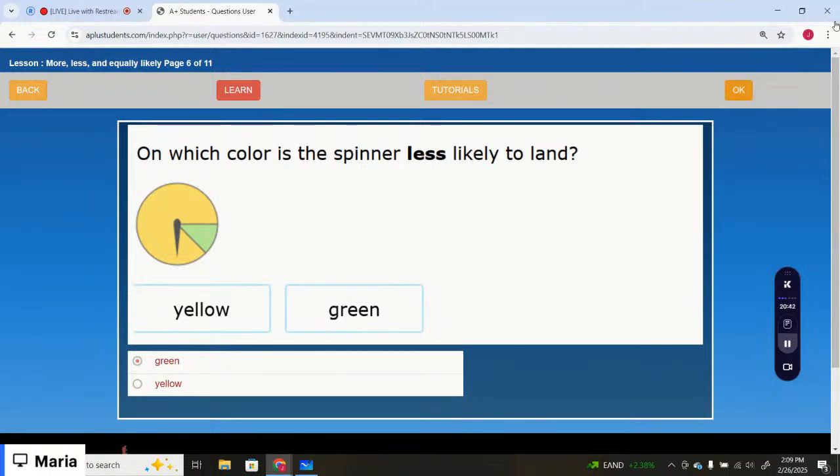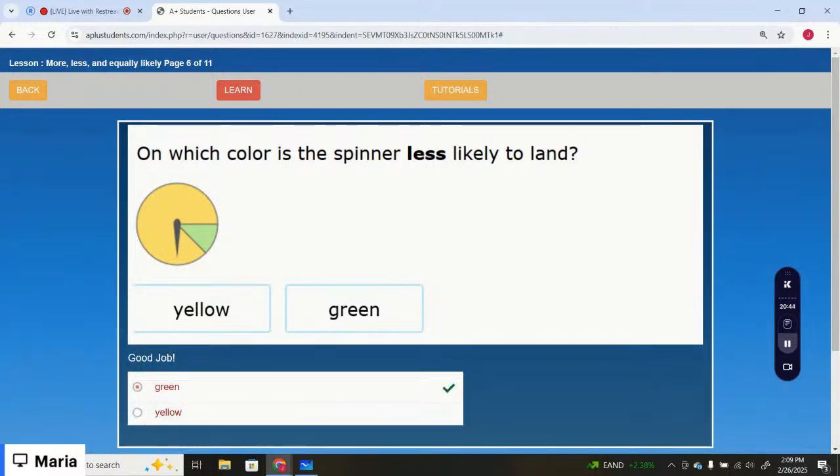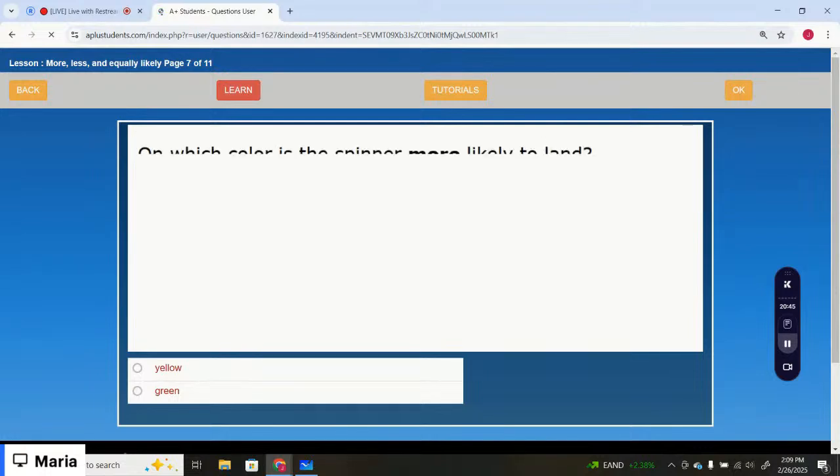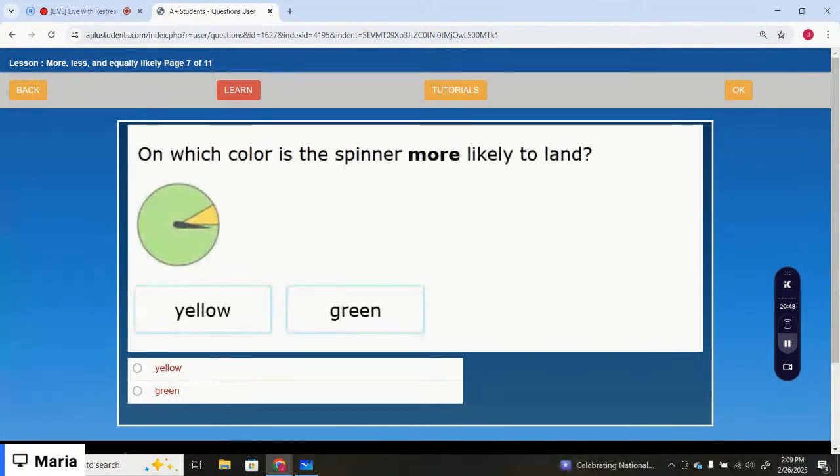Option number one is the correct option. On which color is the spinner more likely to land? So which is the correct option?